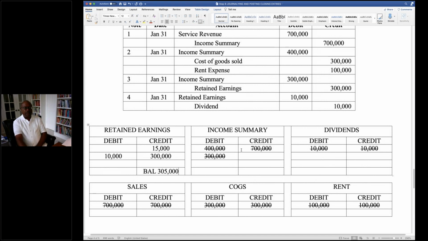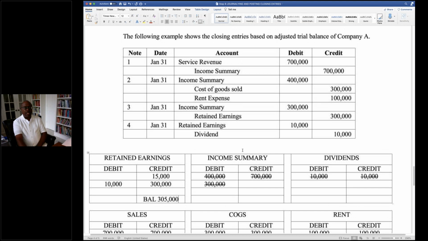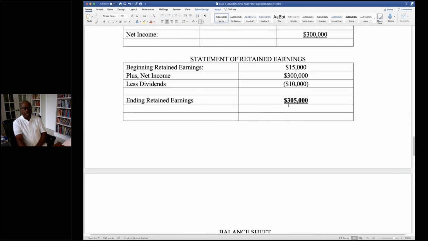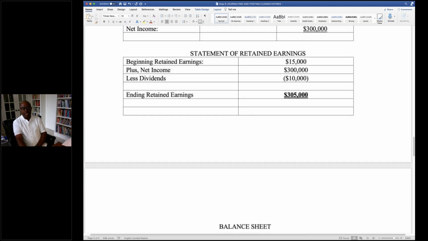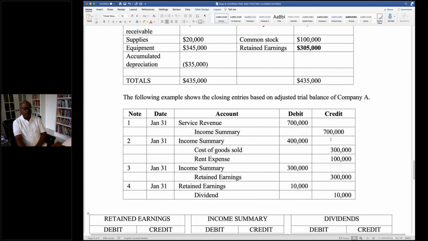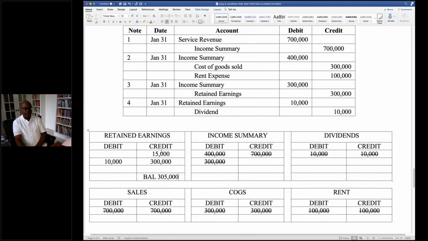And of course, you see the 305. So the 305 is going to agree with what's on the balance sheet, 305, along with what's on the statement of retained earnings, 305. And so once the closing entries are made and posted, we go from the old balance to our new balance of 305.